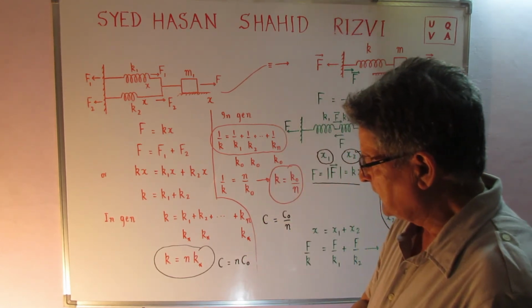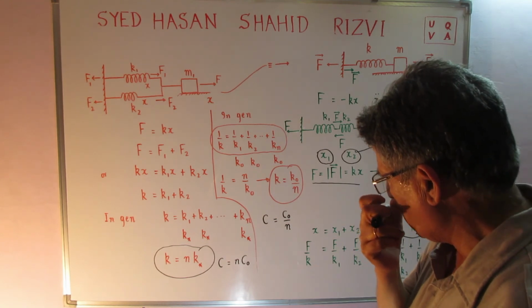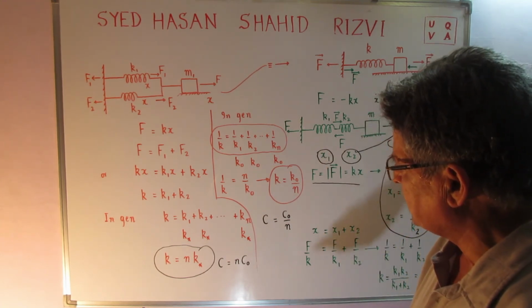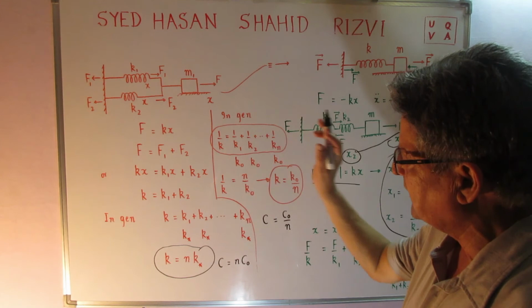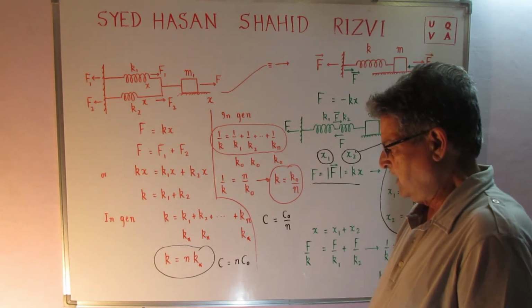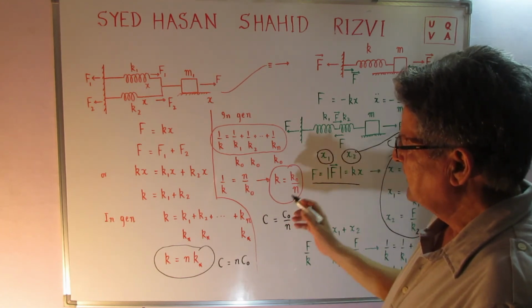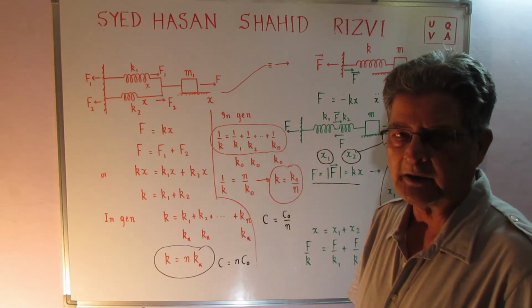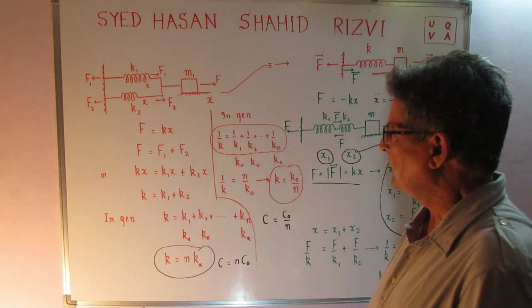Now I'll just tell you one thing for those students who know about capacitor combinations and spring combinations: why is it that similar results are obtained in capacitors and in springs?